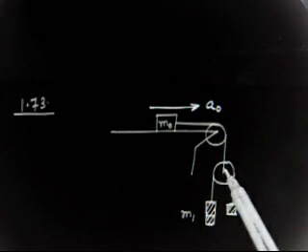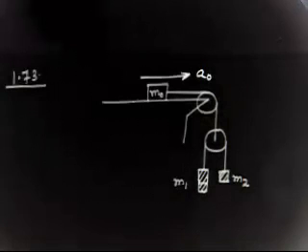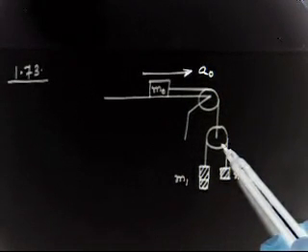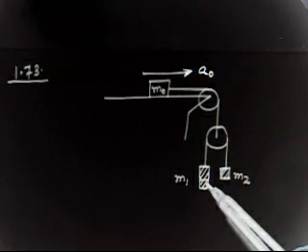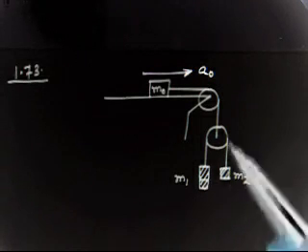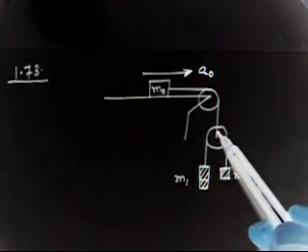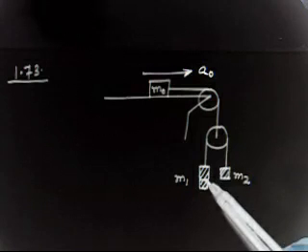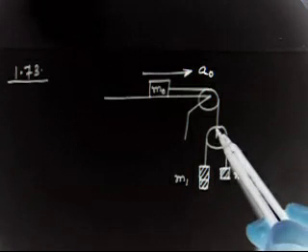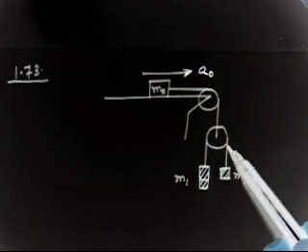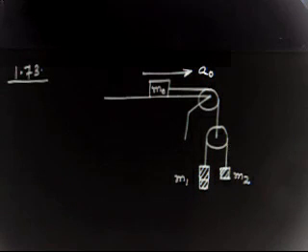So this pulley is also falling with acceleration a0. Now let us say this mass goes with acceleration a with respect to this pulley. In that case I have to apply a pseudo force because this pulley itself is a non-inertial frame.